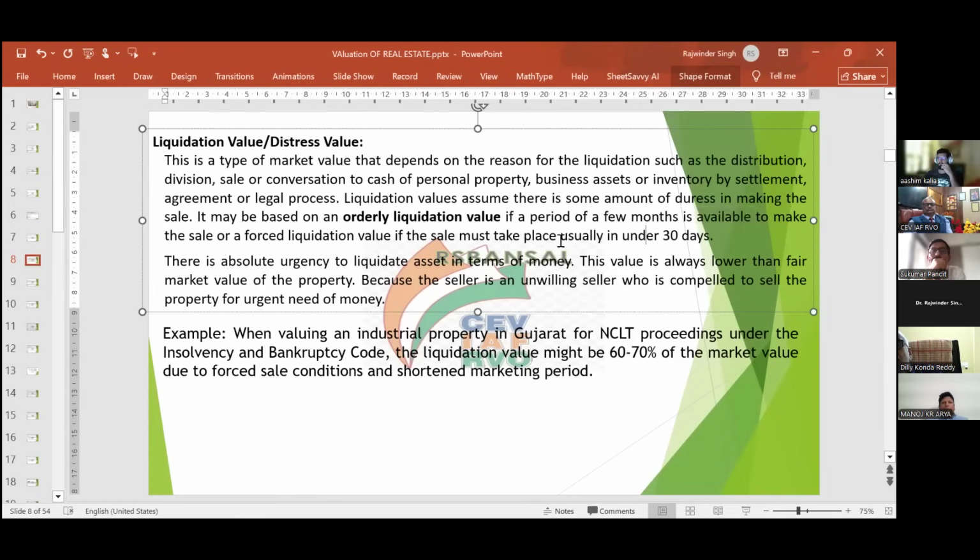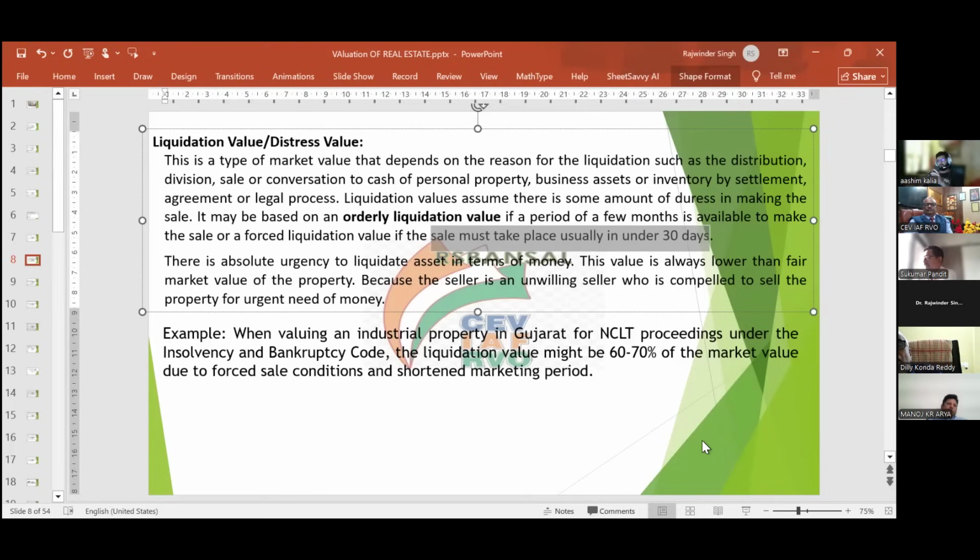And if the property is to be sold in less than 30 days, it is called forced liquidation value. Clear? Both ordinary and forced. In the case of orderly liquidation value, you have a time of 2 to 3 months.